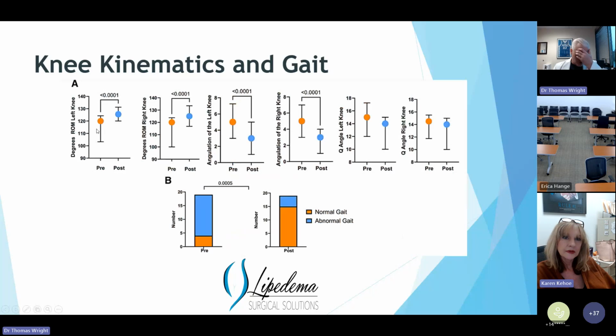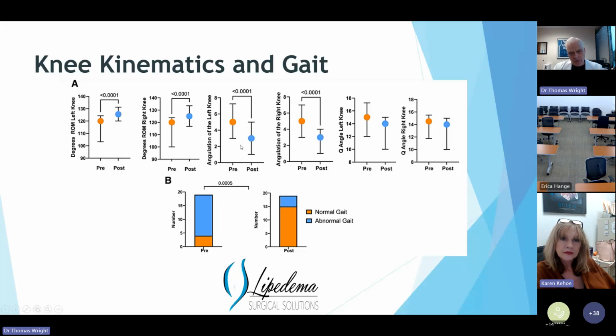So these are the results. The lipedema women had decreased range of motion in knee flexion, normal being around 135, and the average was around 120, and then after surgery it improved to around 128 or 129, and that's for both legs.